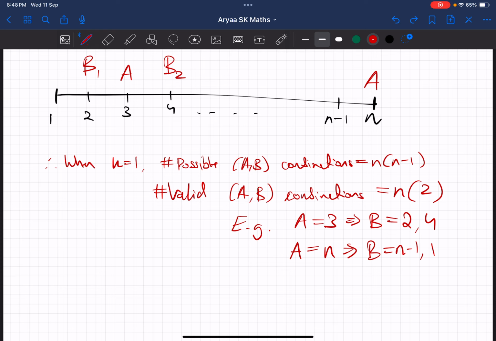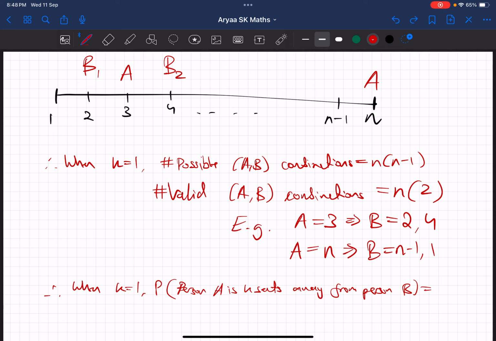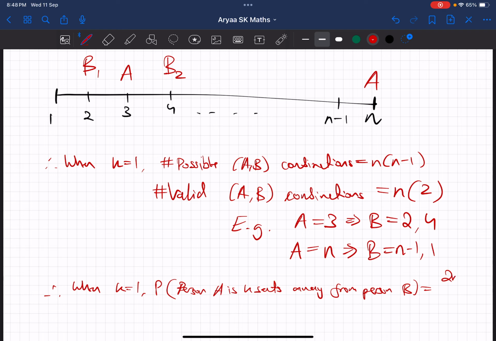Therefore, when k equals 1, the probability person A is k seats away from person B is going to be equal to this number over this number, because we can assume every combination has the same likelihood of being picked, so there's no weighting going on here. Does that make sense? So that's going to be 2 over n minus 1 in this case.